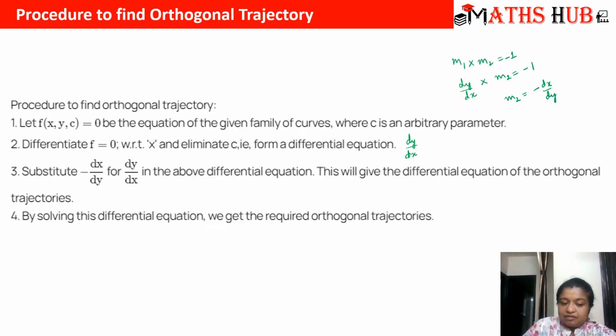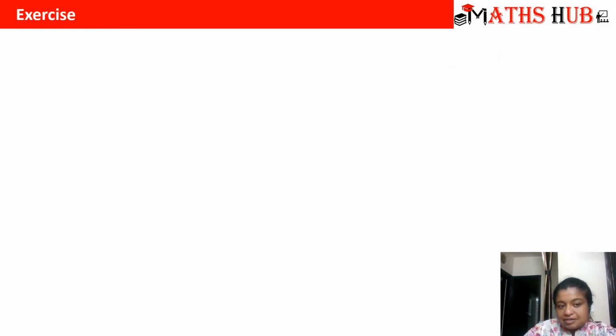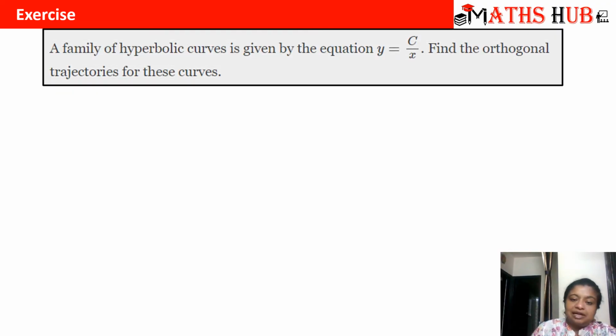So that is the logic why we are replacing dy by dx with minus dx by dy. So you will get a new differential equation, and by solving that differential equation, whatever solution we get will be the required orthogonal trajectory, right? So let us apply this concept in the following exercise and understand how we calculate the orthogonal trajectories.